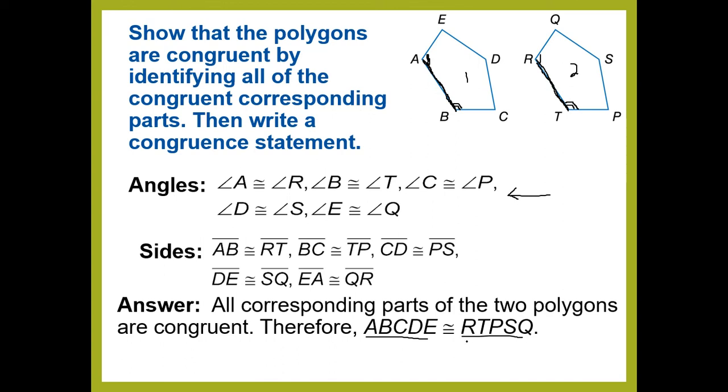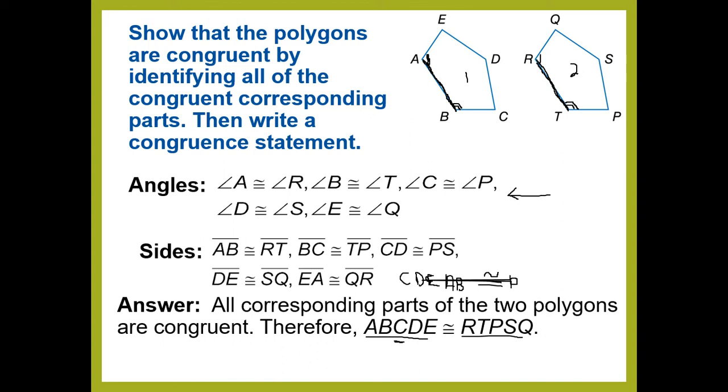However, I could have started with C. If I had started with C for my congruence statement and said C, D, E, A, and then B for my first polygon, then on my second polygon, if I started with C on this side, I have to go up here and say, okay, C goes with P. So if I started with C, I have to start with P on this side.